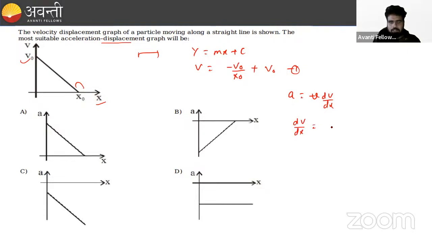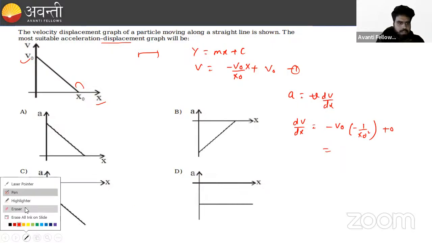Differentiating, we get minus v naught times 1 upon x naught, and the differentiation of v naught is 0. In place of x, we have to write x here.